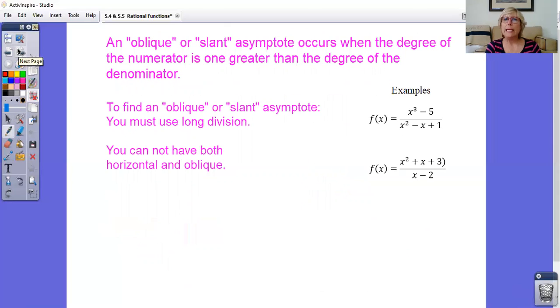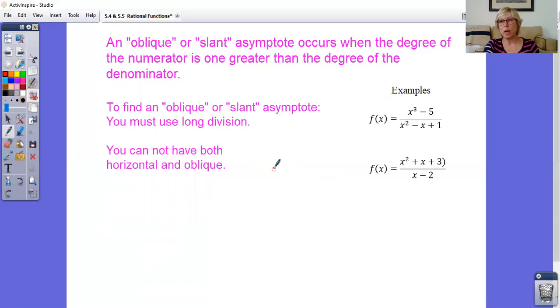So this oblique asymptote. An oblique asymptote is actually a slanting asymptote, and that's going to occur when the degree in the numerator is greater than the degree in the denominator. And the asymptote is going to be a line when the degree is 1 greater than the denominator. But because of time, we're not going to be working with oblique asymptotes.